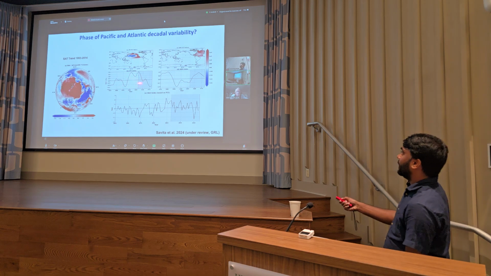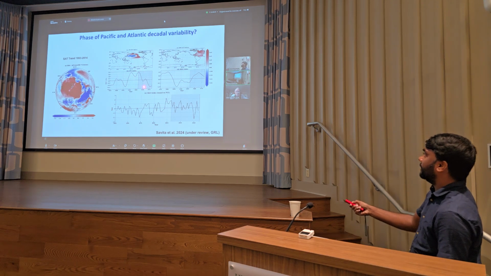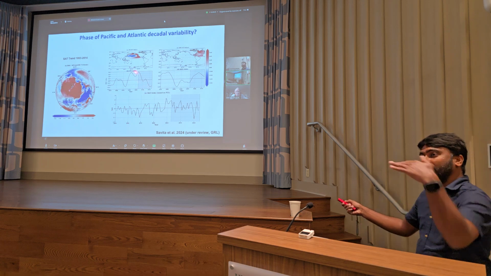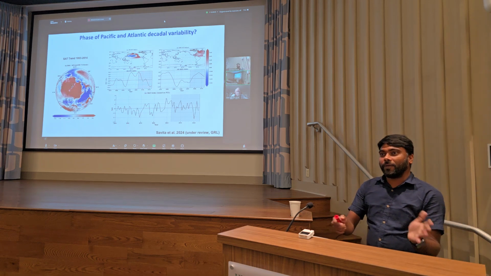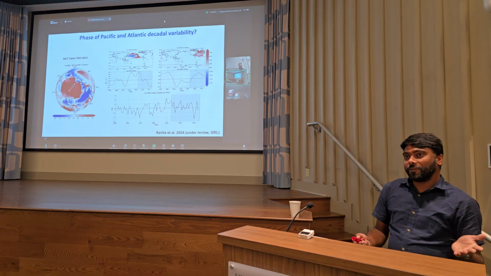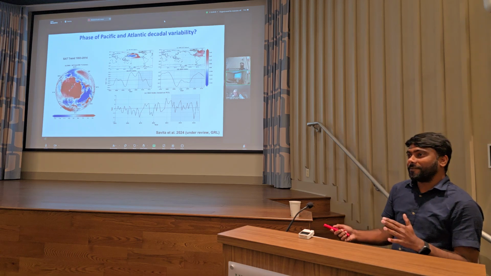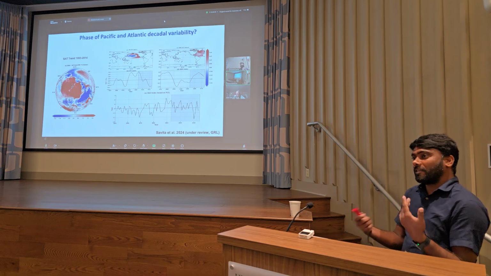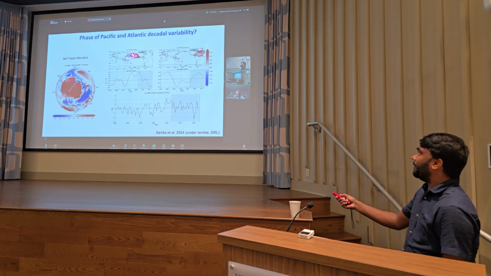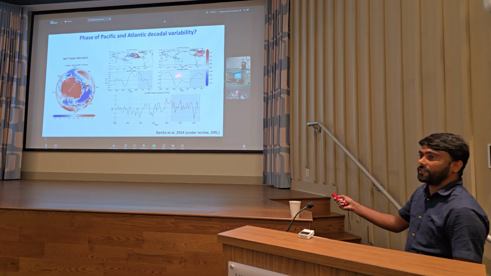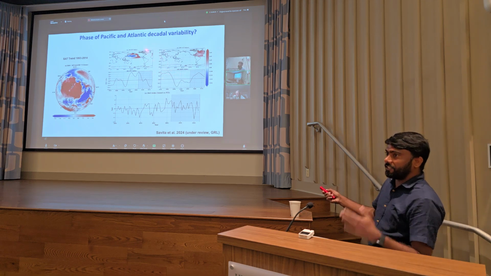And you see here, during 1993 to 2040, it is going in the opposite direction. That means the condition over the Atlantic and the condition over the Pacific are opposite. So this is how the curiosity comes to mind: what will happen to this cooling if they are in opposite patterns or opposite change?